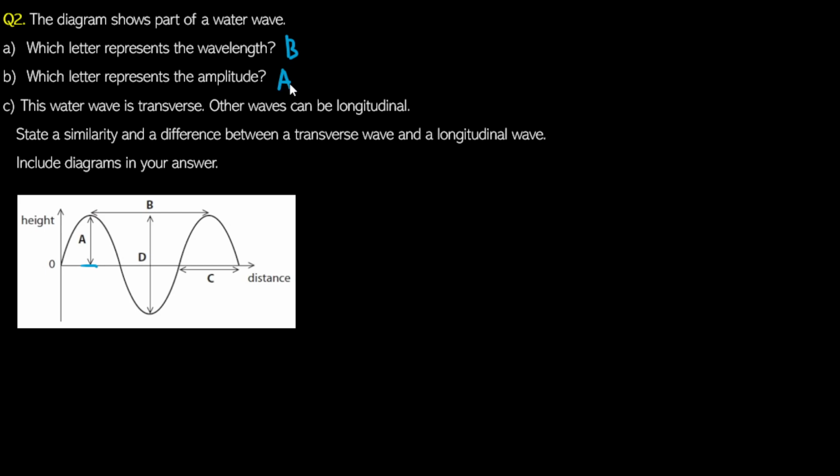Now, this water wave is a transverse wave. Other waves can be longitudinal. State a similarity and a difference between transverse waves and longitudinal waves. Include diagrams in your answer.